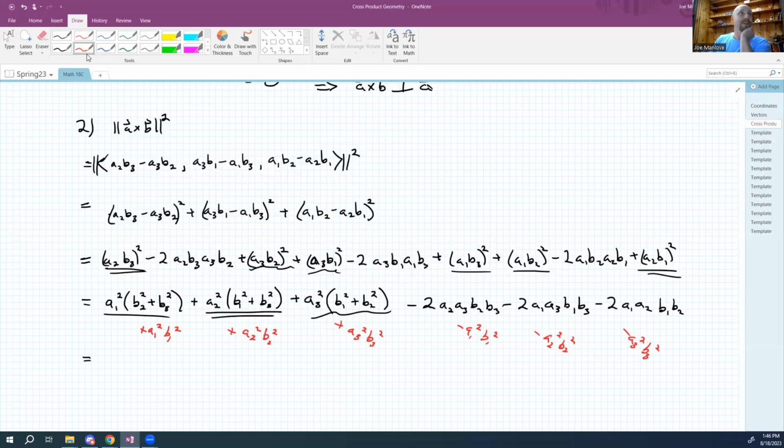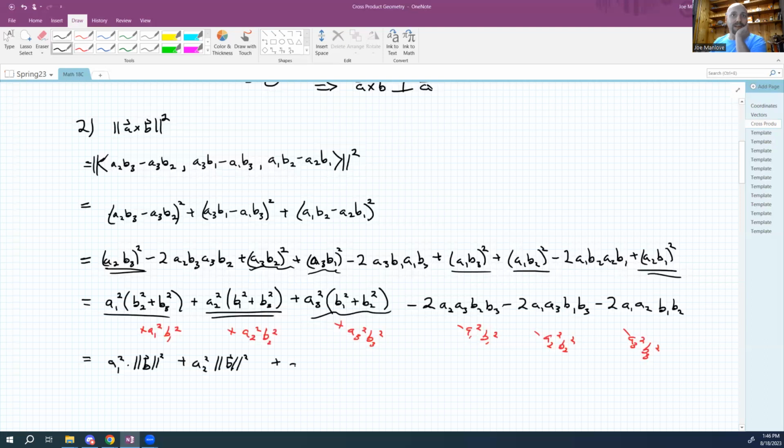Getting a little wild. But out of that, these first two, when they combine, I get A1 squared times the magnitude of the vector B squared. Out of these guys, I get A2 squared times the magnitude of the vector B, also squared.